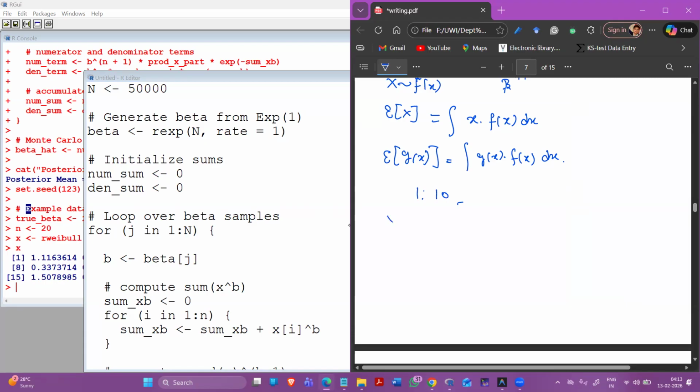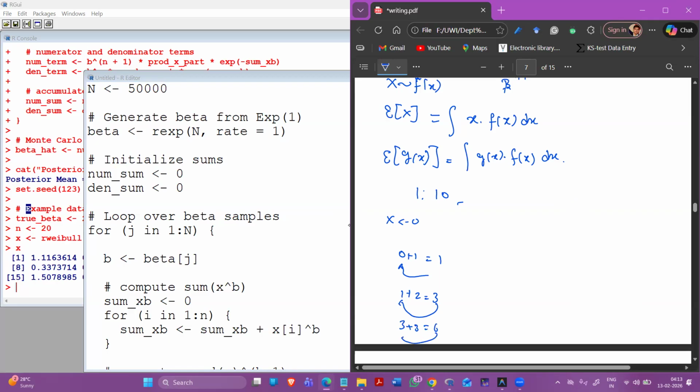You need to define x equals 0. So 0 plus 1 is 1, and then 1 will replace this 0, and then it becomes 1 plus 2, that is 3. Then 3 will replace this 1, and 3 plus 3 is equal to 6, and this 6 will replace this 3.